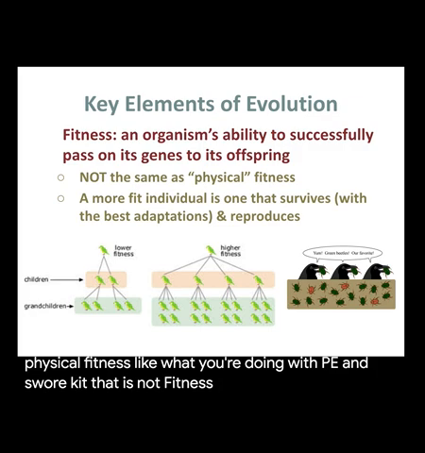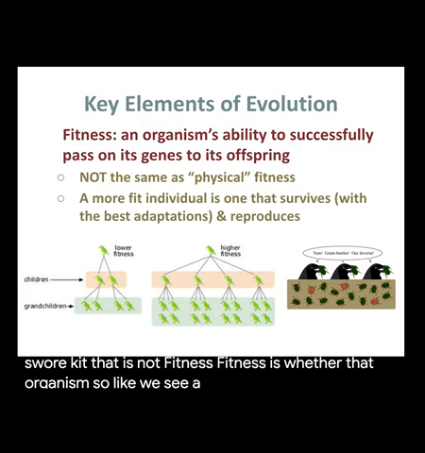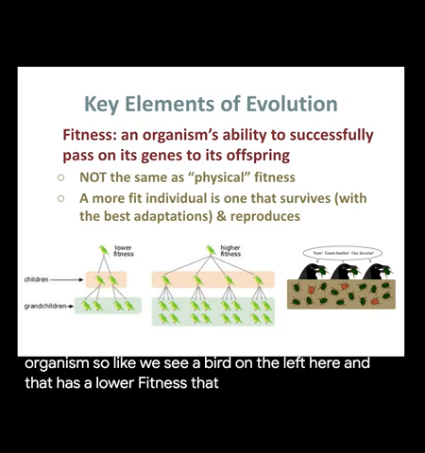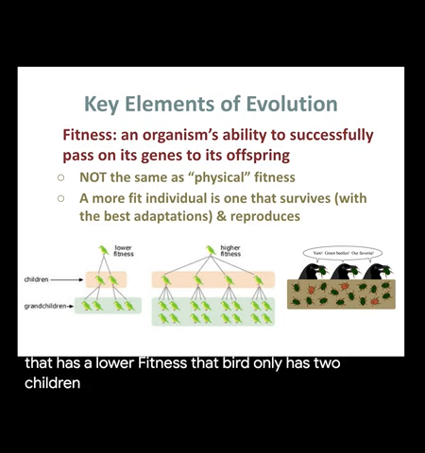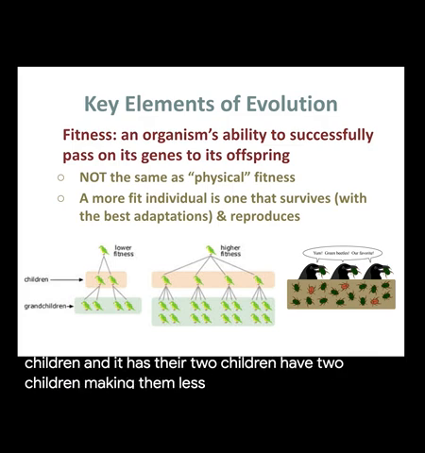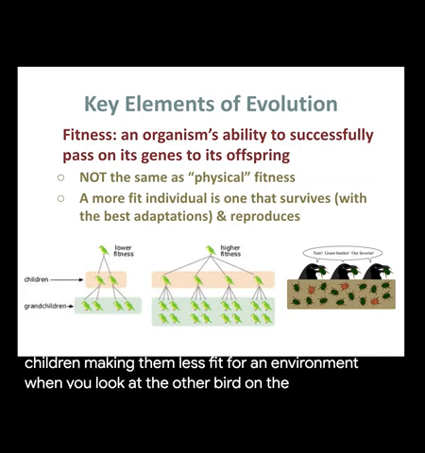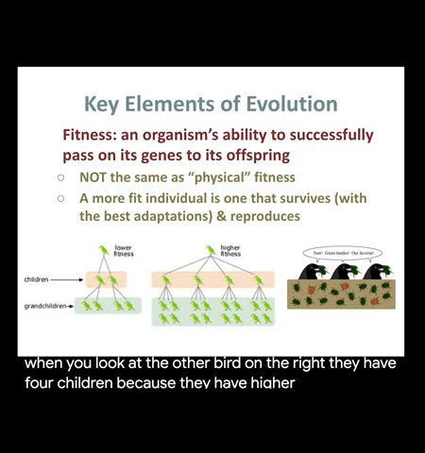But fitness is whether that organism, like the bird on the left here, has lower fitness. That bird only has 2 children, and their 2 children have 2 children, making them less fit for an environment. When you look at the other bird on the right, they have 4 children because they have higher fitness.